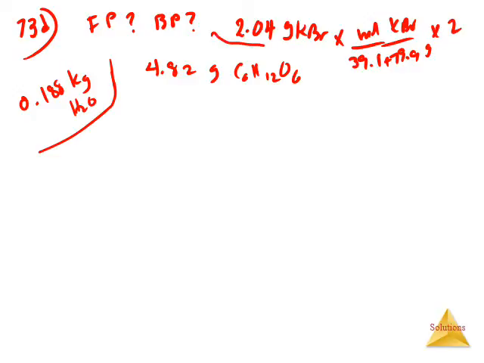Since each KBr splits into 2 ions, you have to multiply that by 2. So the number that I get is 0.0342, and that is the moles of particles.